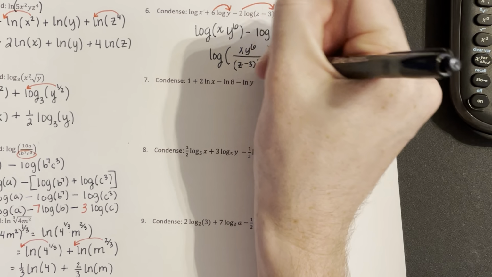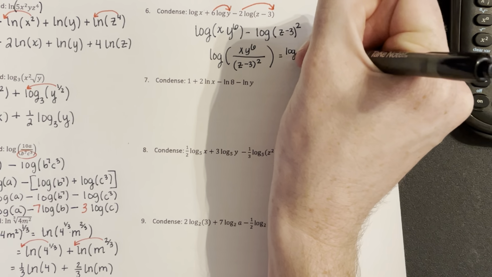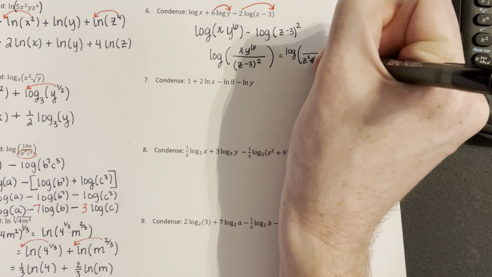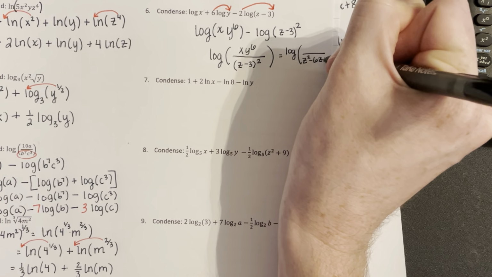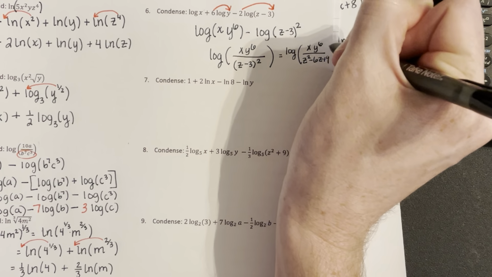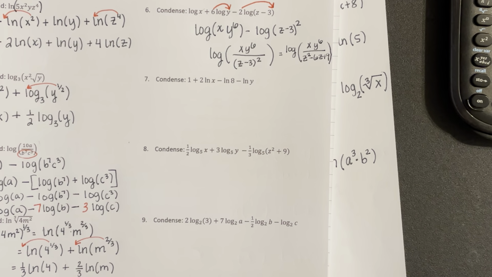It would be okay to leave it this way. You could also expand that out if you wanted to, z squared minus 6z plus 9. But it's not required that you do that. I just want you to at least be aware that those are 2 same formats of that problem.